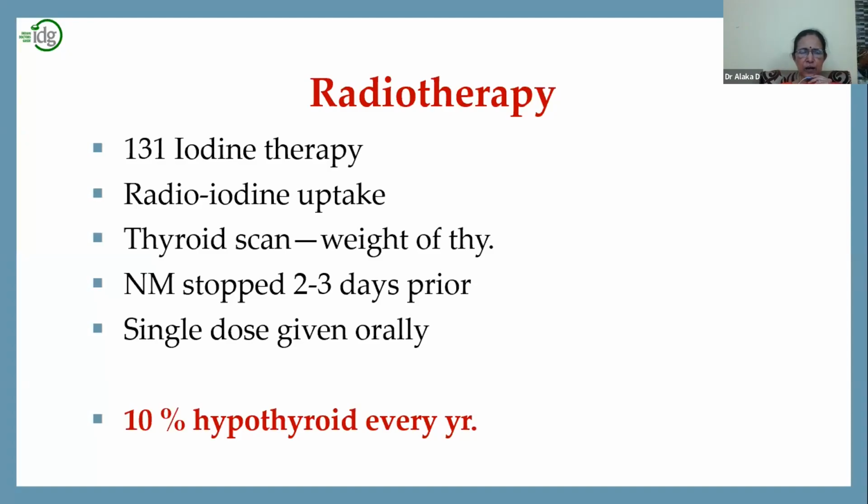Therefore, we stop neomercazole 2 to 3 days before giving radioactive iodine therapy. And then the single dose is given orally. 5 to 10 millicuries of iodine is given as a single dose. This does not require isolation, because isolation is required when we give it in malignancy, 100 millicuries, not in these cases. Okay.